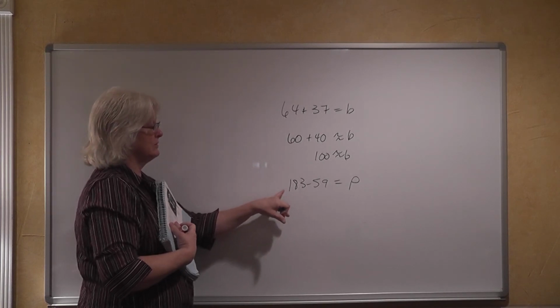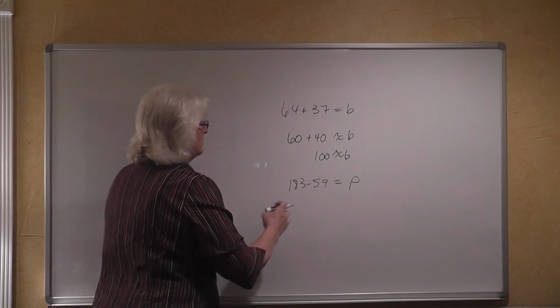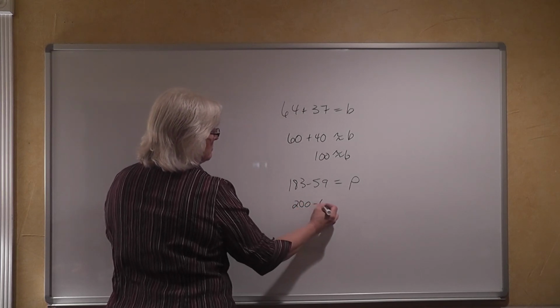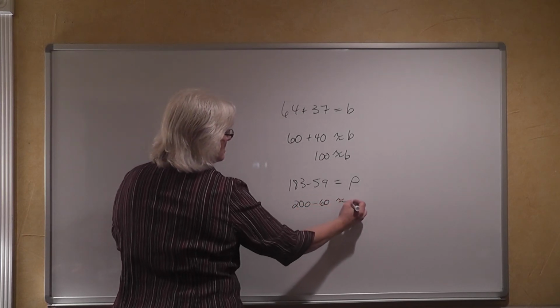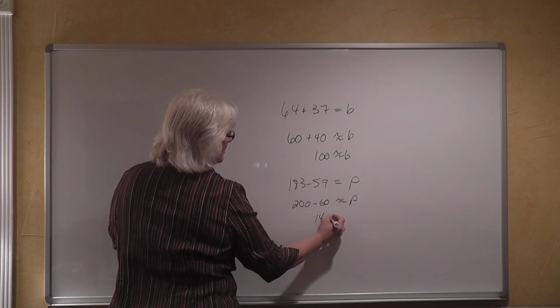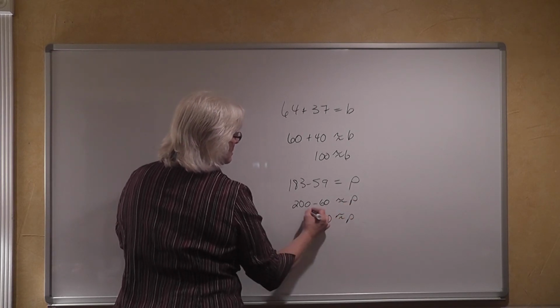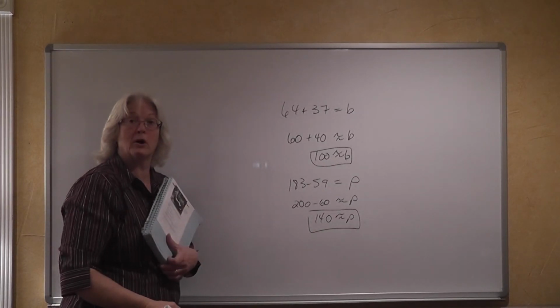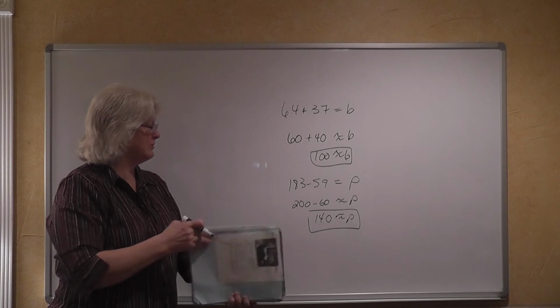You're going to round to the largest digit. 200 minus 60 is the approximate value of P. So P is approximately equal to 140.